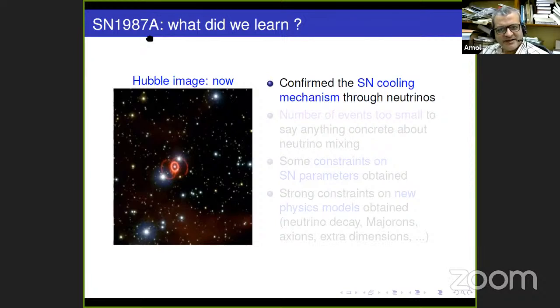The first thing that they did is they confirmed our understanding of the supernova cooling mechanism. Because we of course know that a supernova cools, because we can observe its temperature decreasing. However, our understanding of nuclear reactions tells us that when a supernova cools, 99% of its energy should come out in neutrinos.